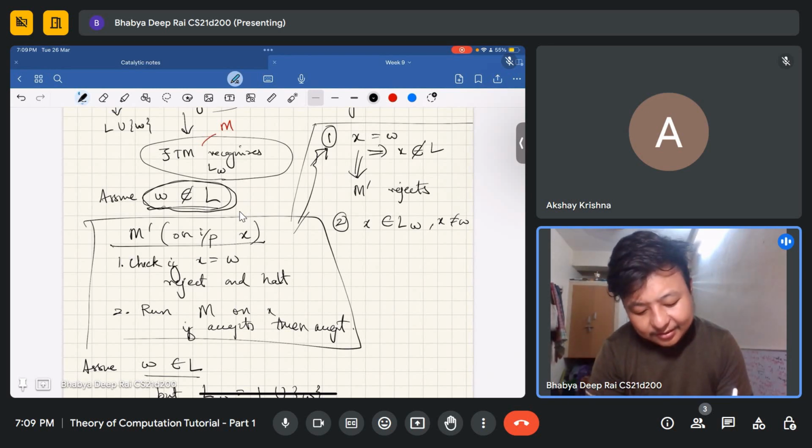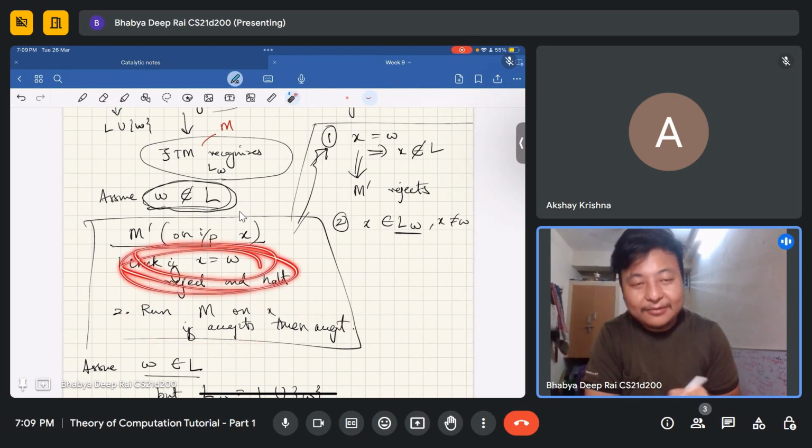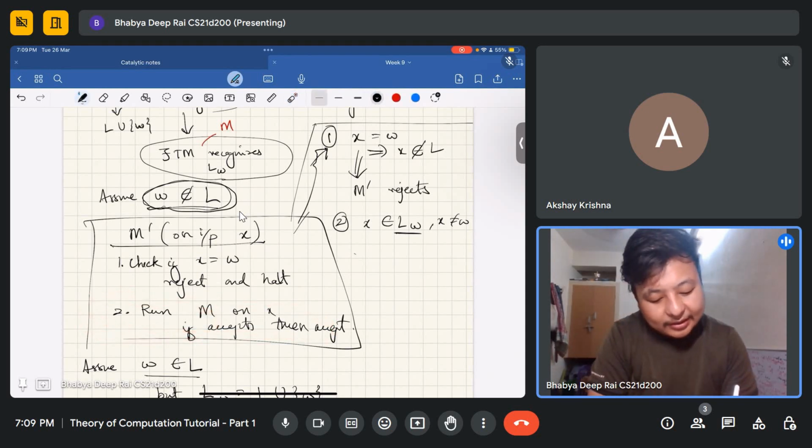If X is in LW and it is not equal to W, then step 1 will be executed and we'll move to step 2. Then step 2 is reached.